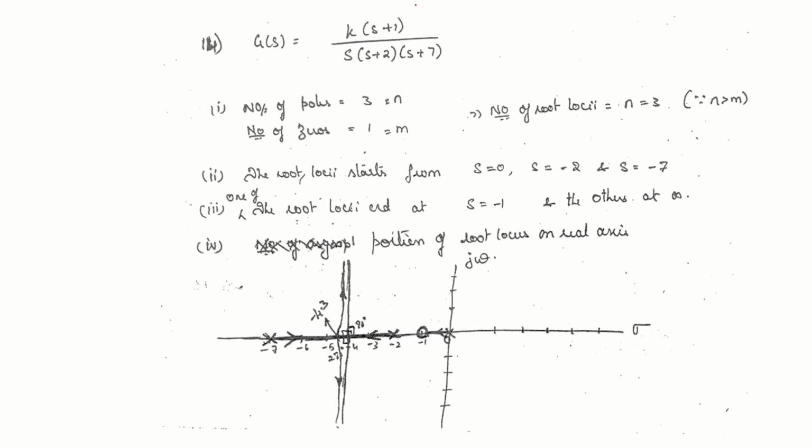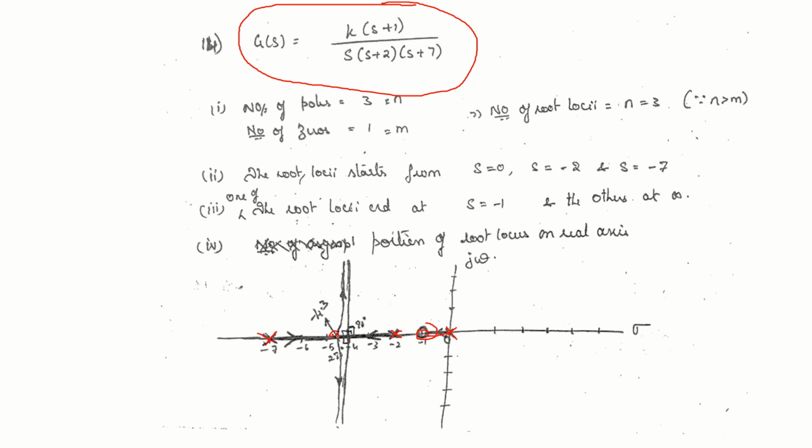Right, in this example, we have K(s plus 1) divided by s(s plus 2)(s plus 7). There is not much special in this. Suppose the root locus ends at this 0, and here between these two poles there is a breakaway point.